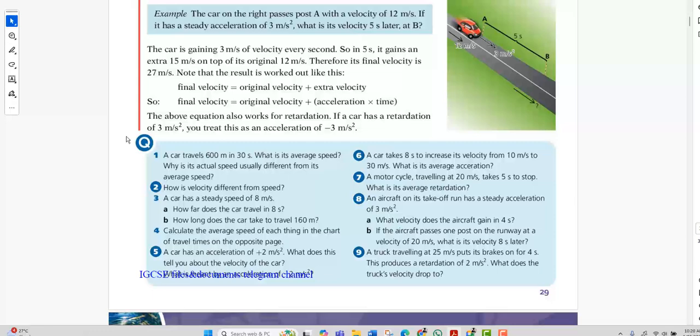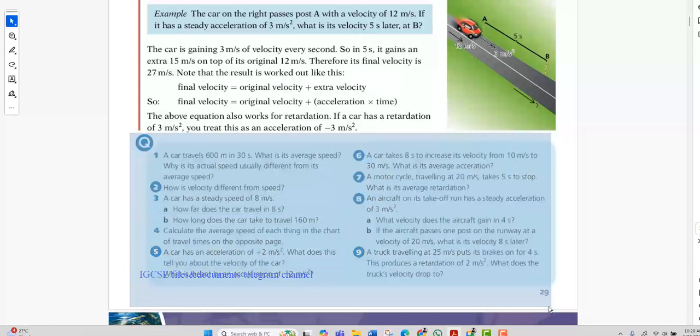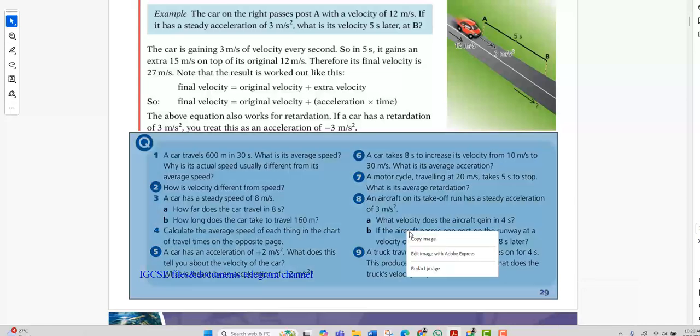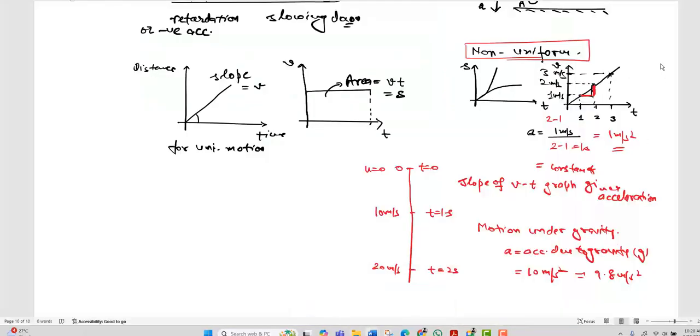Okay, let's solve some problems. And also we can design the formula for that. Let me first paste this situation.